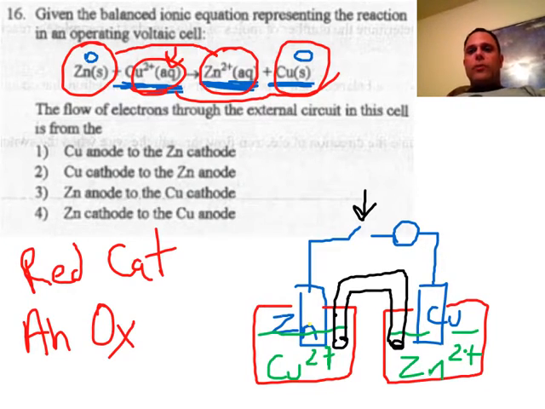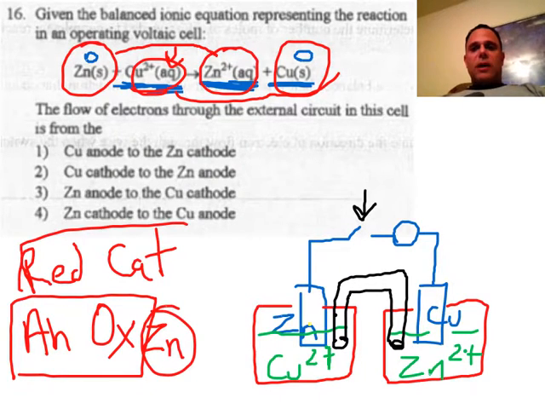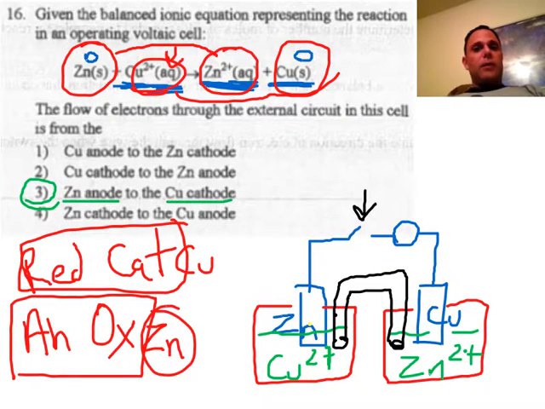And we do know that when zinc loses the electrons, its oxidation number climbs, and that's oxidation. So we are going to have oxidation with the zinc, and we must have reduction at the cathode with the copper. And that actually brings us to our answer, number 3. Zinc is the anode, while copper is the cathode.